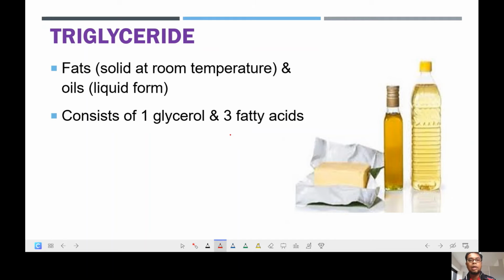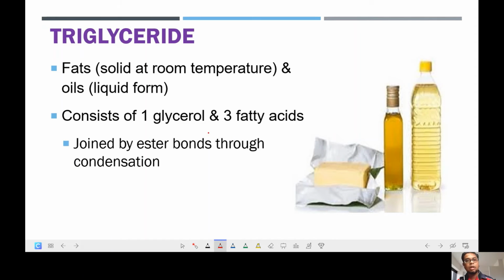That's why the triglyceride can also be referred as the triacylglycerol. The glycerol and the three fatty acids are actually joined by ester bonds through the process of condensation. And if we want to break down the triglyceride, this will also involve the process known as hydrolysis.